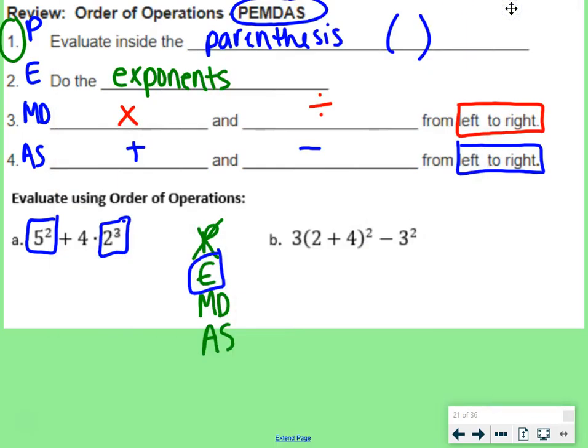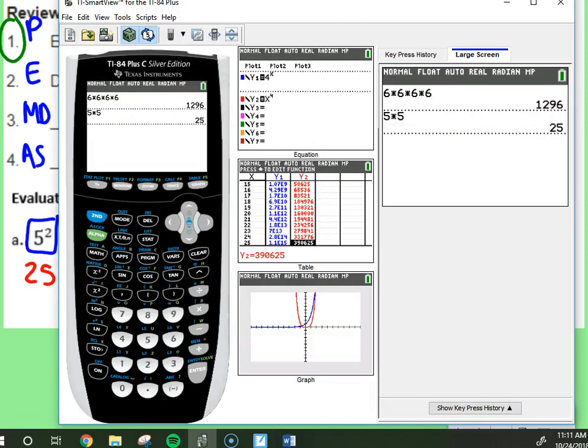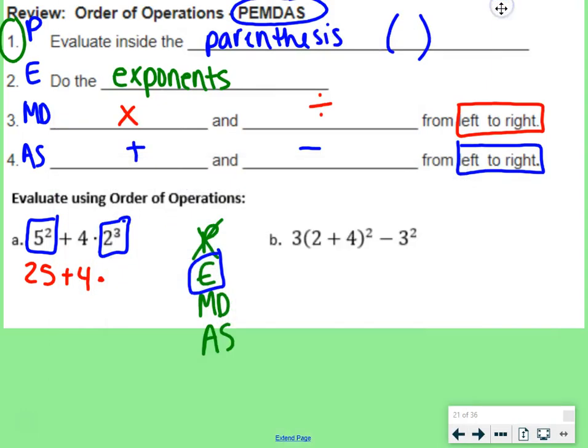So right here, we can put 25, bring down the plus 4, bring down the times, but then we do need to evaluate that 2 to the third power. So if we pull back up our calculator, we can do 2 to the third power, which means 3 2's being multiplied together. So we're going to do 2 times 2 times 2, which is 8. So 2 to the third power is 8.